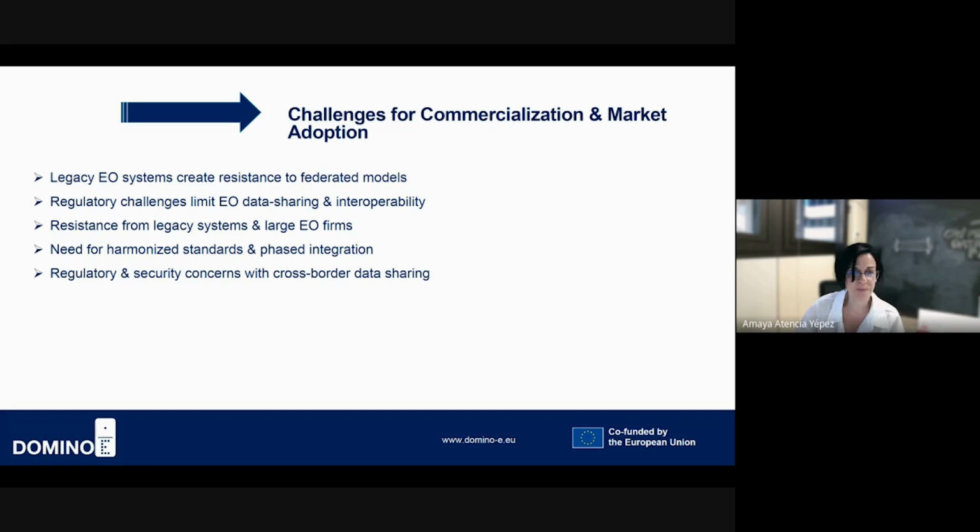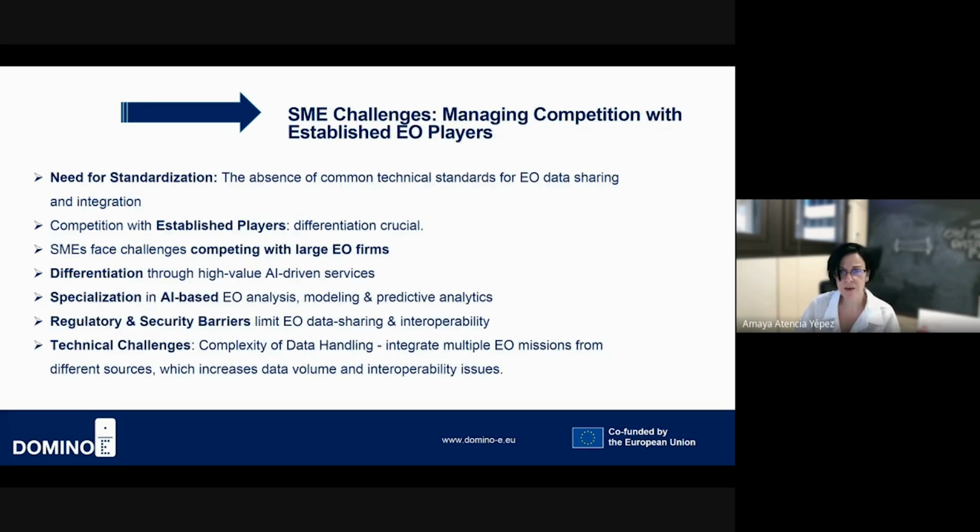Next one, please. But in terms of SME challenges, what are we facing? SMEs have to manage competition with the established EO players and with the current provision of services.